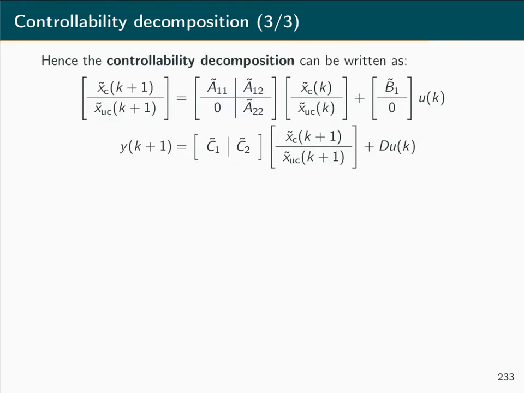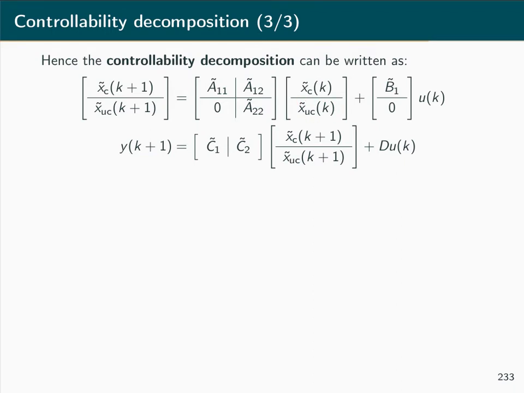So, in summary, the controllability decomposition can be written as the state space model shown here, where the submatrix A tilde 2,1 is equal to 0 and B tilde 2 is equal to 0, and we have decomposed the state into a controllable part xc tilde and an uncontrollable part xuc tilde.